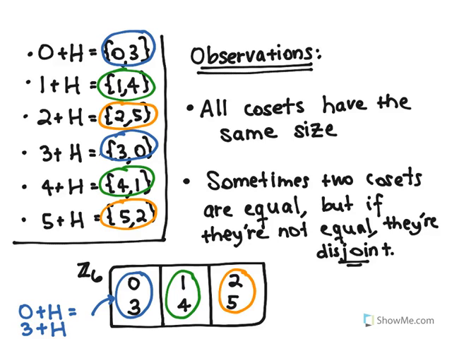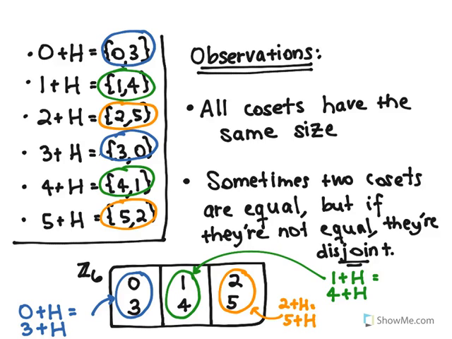Those are the elements of the coset 0 plus H, which happens to be the same as the coset 3 plus H. And then in the second bucket, there's the elements 1 and 4, which are the elements of the coset 1 plus H, and that's the same as the coset 4 plus H. And then lastly, there's the bucket that contains the elements 2 and 5, which are the elements of the coset 2 plus H, or in other words, 5 plus H.